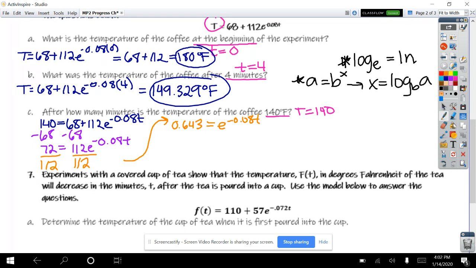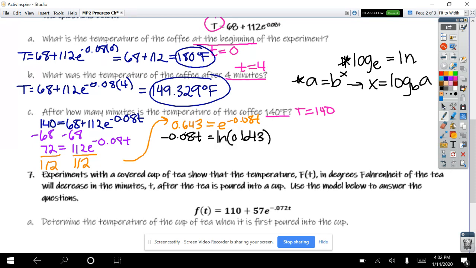So you do need to sort of remember this. So I'm going to rewrite this in log form so that I can easily solve for t. I'm going to have my exponent on the left side, so negative 0.08t, that's my whole exponent, equals log base b. Well, b is e. So log base e is just ln of 0.643.